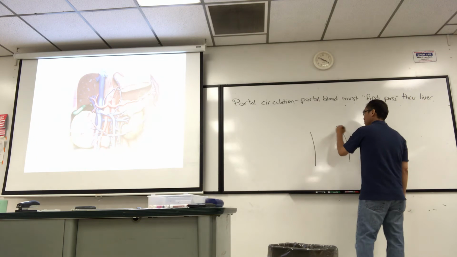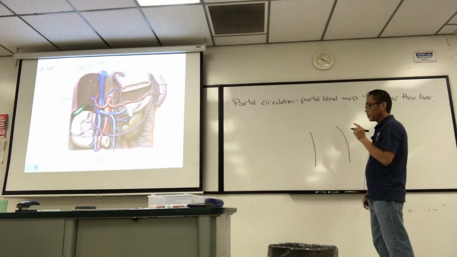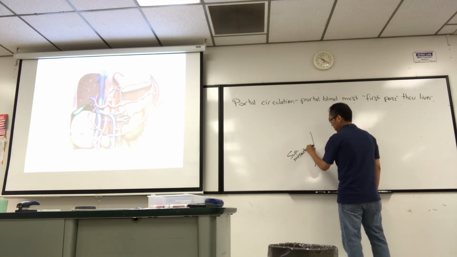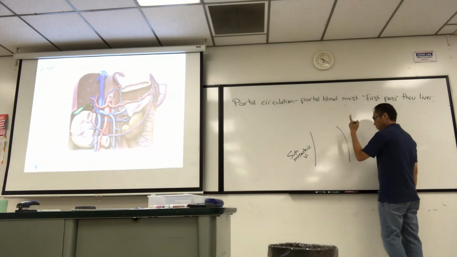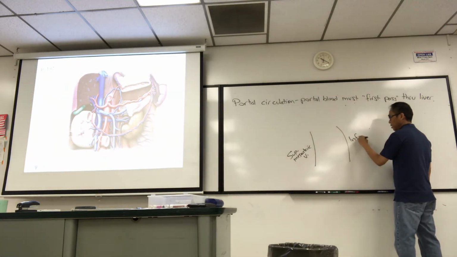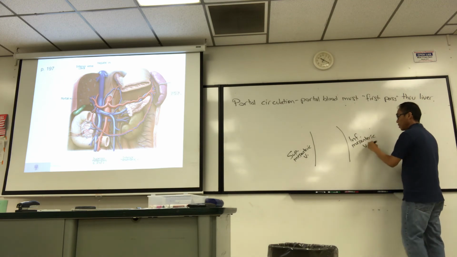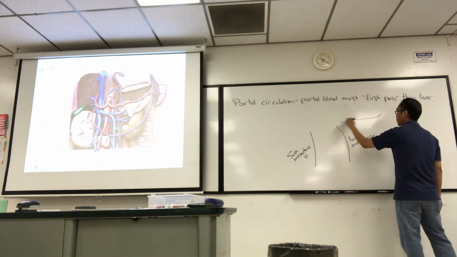Let's just focus on the veins for this picture. So superior mesenteric vein, inferior mesenteric vein, and then you have the splenic vein over here.